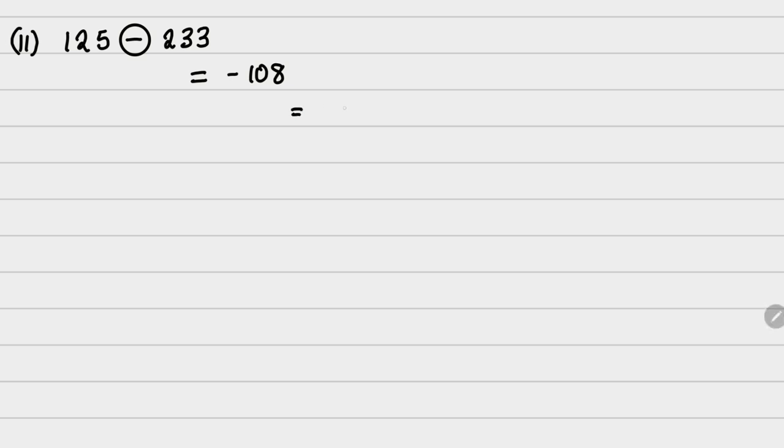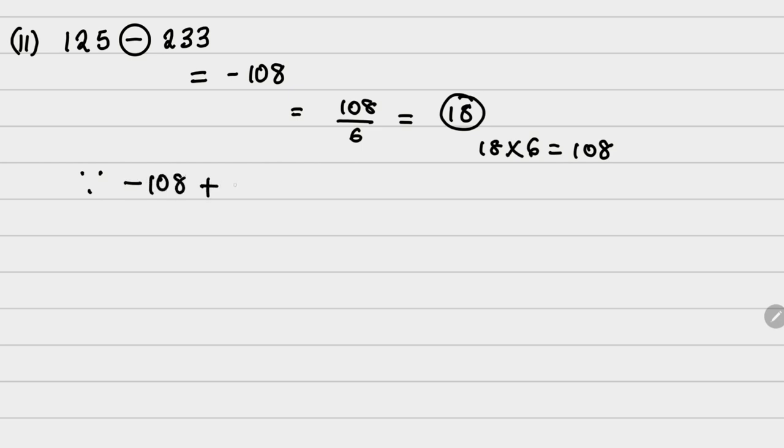So you are going to have 108 divided by 6, and you are going to get 18. Of course, 18 times 6 is 108. So if you want to change this, this is going to be 108 plus 108, and our answer will be 0 mod 6. It's as simple as this.